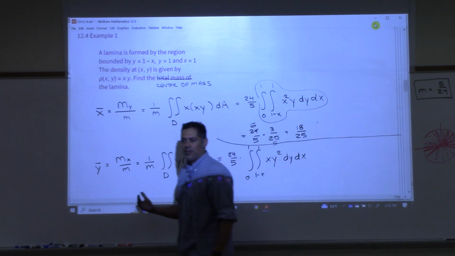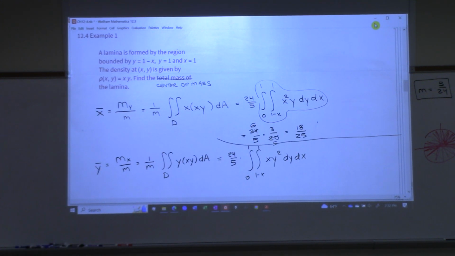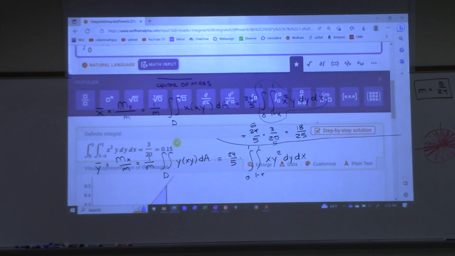Again, very similar to the integral we just did, but it definitely gives you a different answer because you've got a y squared instead of x squared. Change it in here.